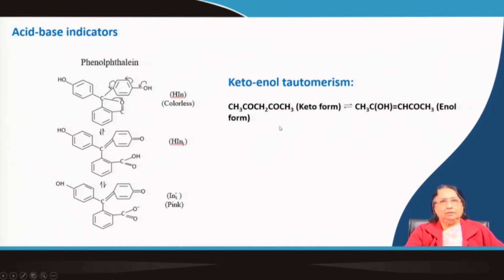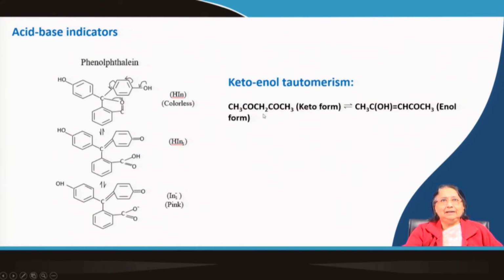So, before going to this, I must tell you what is tautomer. I have told you that this is an isomer. Those of you from chemistry already know what this is. This is nothing but acetyl acetone.